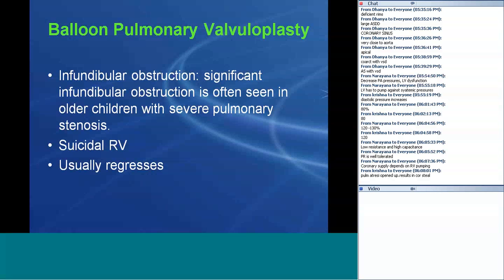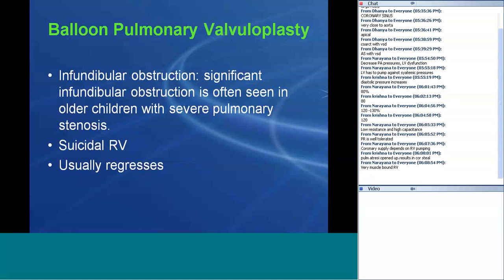Yes. So what exactly happens in this slightly older age group of children? That was the first question, and Narayana replies very muscle bound RV, which is right. When you irritate the infundibulum by dilating the valve, because in slightly older children you use slightly longer balloons to catch the valve properly, part of the balloon will be across the infundibulum as well.